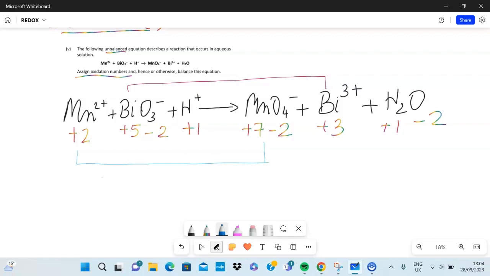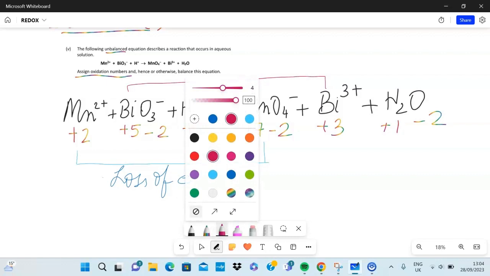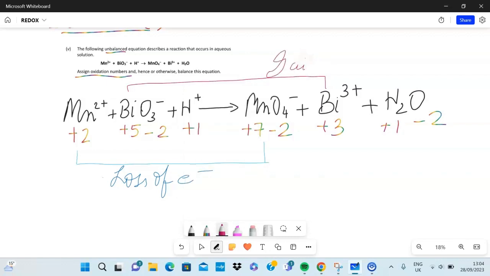Manganese went from +2 to +7, so that is a loss of electrons. Bismuth went from +5 to +3, so that is a gain of electrons. From our previous videos, we know gain is reduction, so bismuth is being reduced.